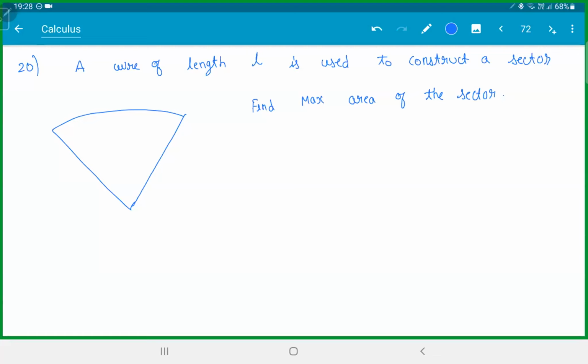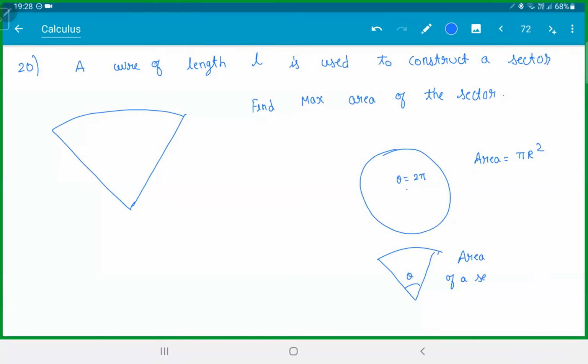For people who don't know, let me give you a small thing. If you have a full circle, right? This angle is 360 degrees or 2 pi. So area was pi r square. So if you just have a sector like this with theta, the area of a sector is theta r square by 2.